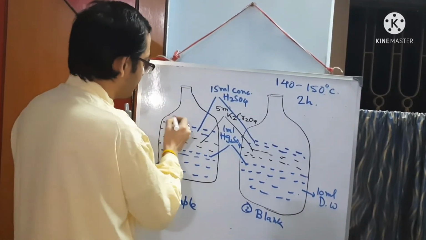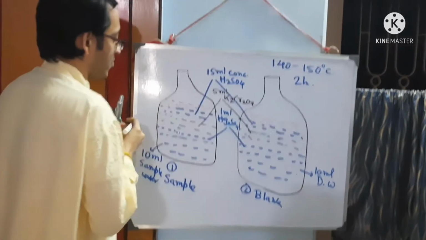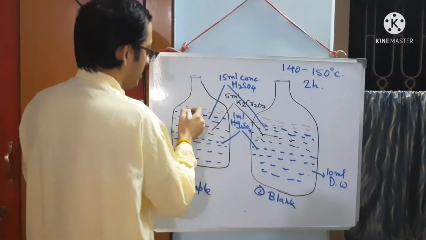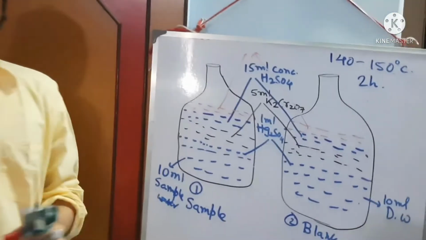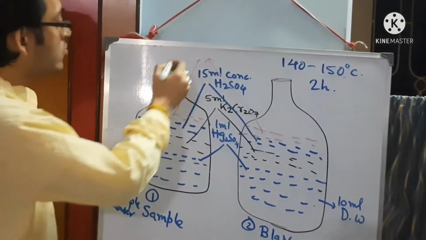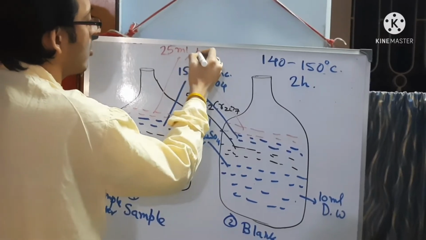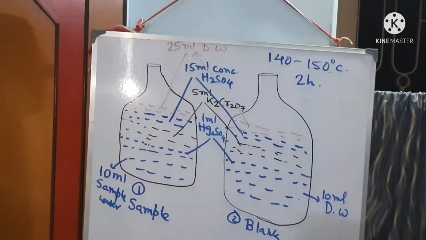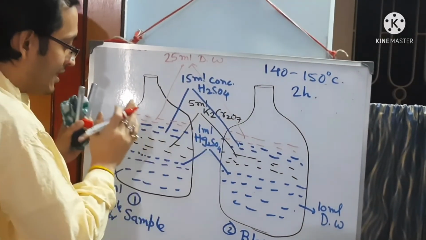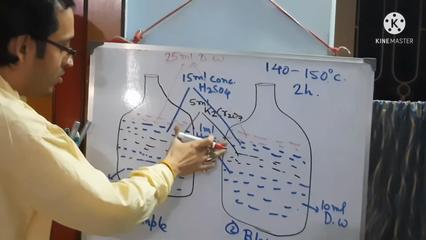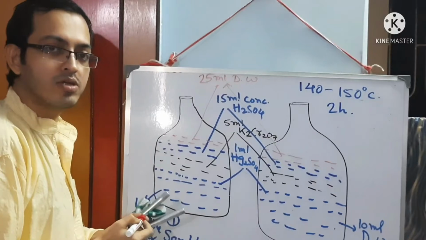Then after cooling we have to add 25 ml of distilled water. In this step you have to add 25 ml of distilled water in both conical flasks.